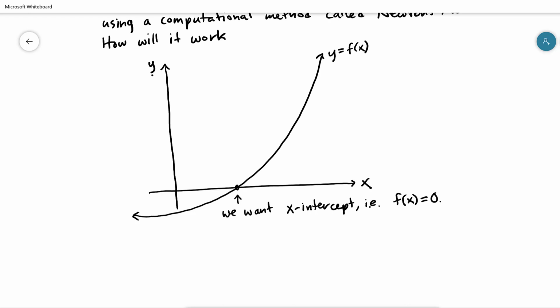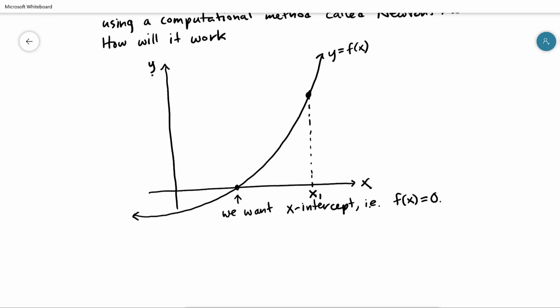What we'll do is we'll start by just taking a guess. And maybe the guess for where that 0 occurs, I guess right here. And I'm going to call this point x1. And obviously it's not a very good guess because the function value at x1 isn't 0. Instead, it's all the way up here, whatever this value is.